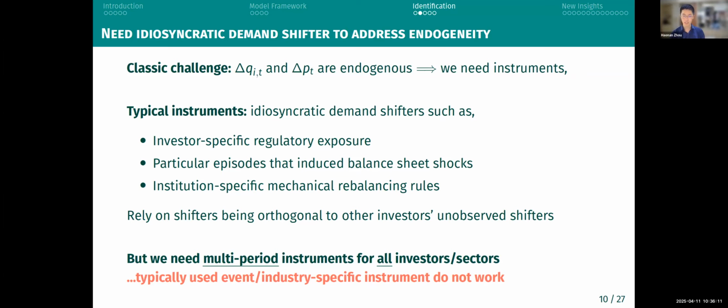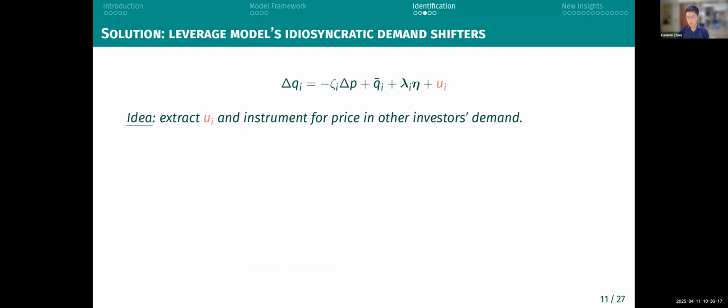Typically used event studies or industry-specific instruments do not work. So our innovation here is to utilize the idea that because we have a model, we can extract the idiosyncratic shocks and use these idiosyncratic shocks for all the investors other than the investor we are interested in to instrument for price, to estimate the demand of the investor we are interested in.